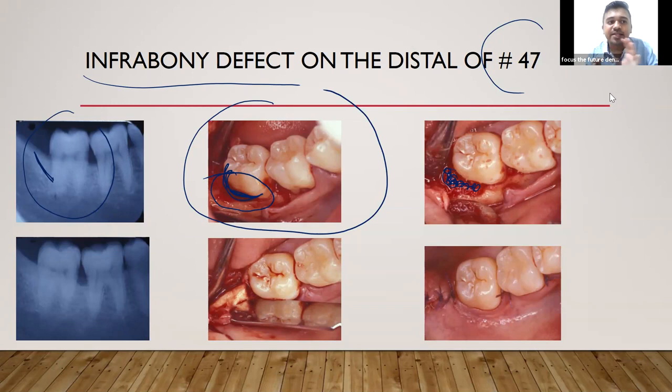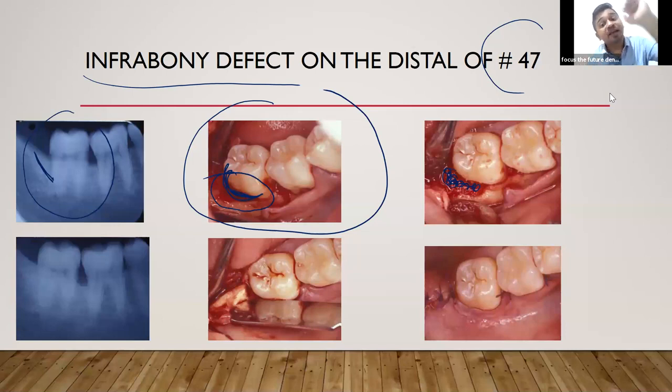Now the bone graft, what did they do? They occupied that space completely. The whole wound area is completely occupied by the bone graft. You've packed it with the bone graft, and if you place your flap on top of it, two things can happen. Either one, the graft is not taken up properly. Why?